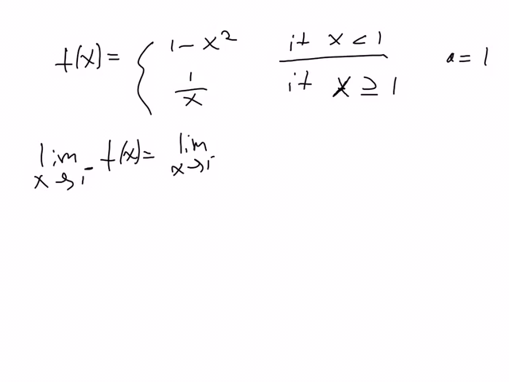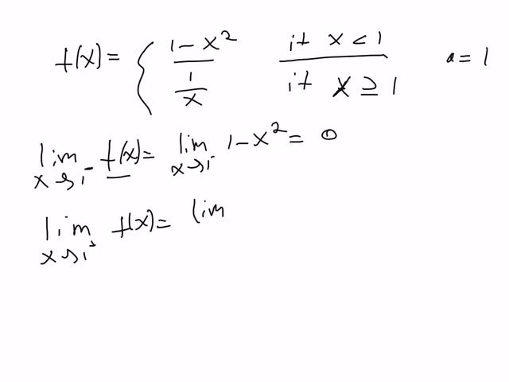So for f of x, we choose 1 minus x squared, and this is equal to 0. Now if we take the limit as x goes to 1 from the right of f of x, we get the limit of 1 over x, and we get 1. And f of 1 itself, because we have equals over here, is going to equal 1.